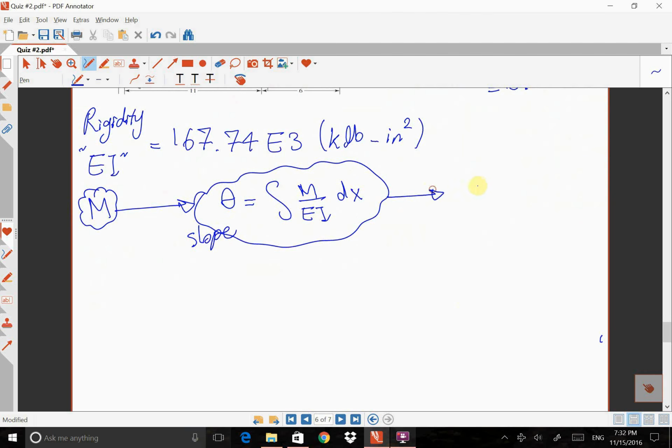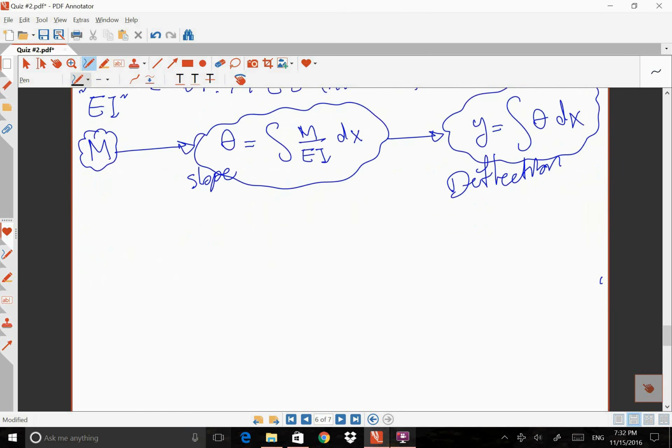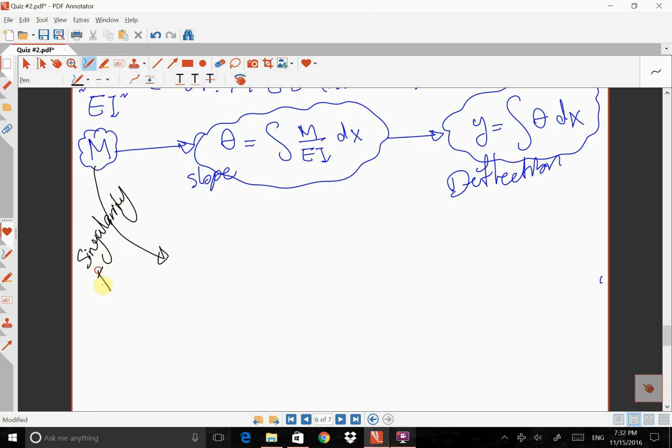And we can find deflection by finding the integral of slope. And that's deflection. Okay. And for finding moment, I'm going to use singularity functions, which I've already used in the first part of this question.